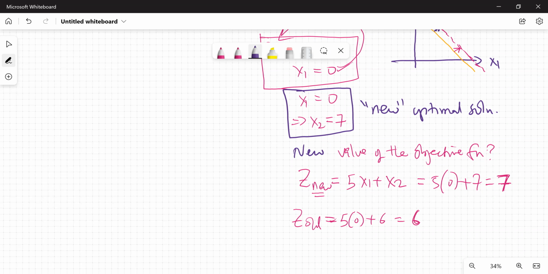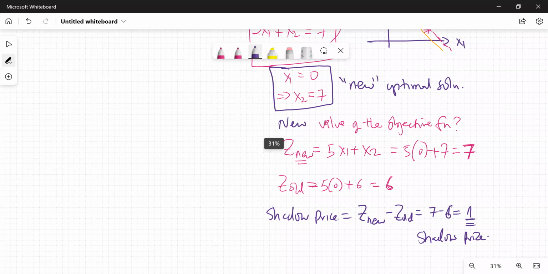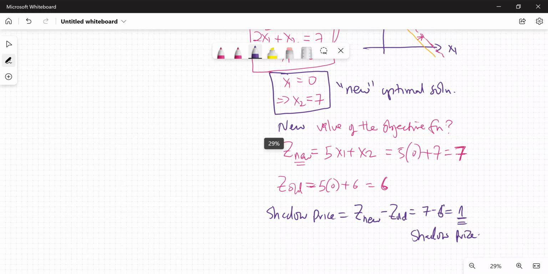So what we are calling a shadow price is given by Z new minus Z old, which is 7 minus 6. So this is our shadow price. So in case you are asked to compute shadow prices, that's basically how you proceed.